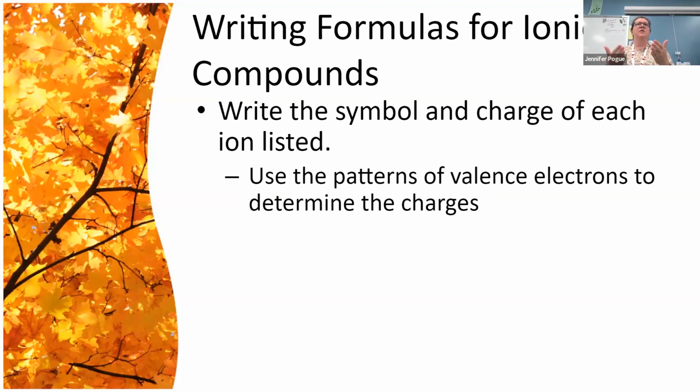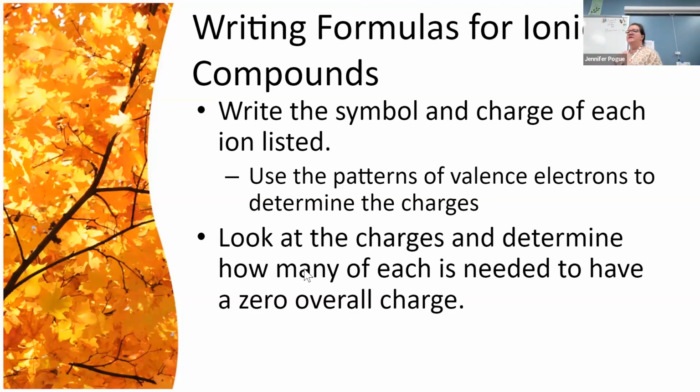We'll know that based on whether it's written first or second, and I'll give you some examples in a minute. It has 1, so it's either going to be a +1 or a -1. Good question.